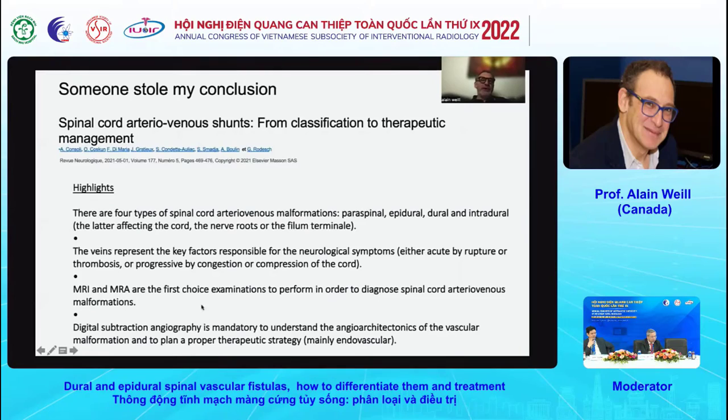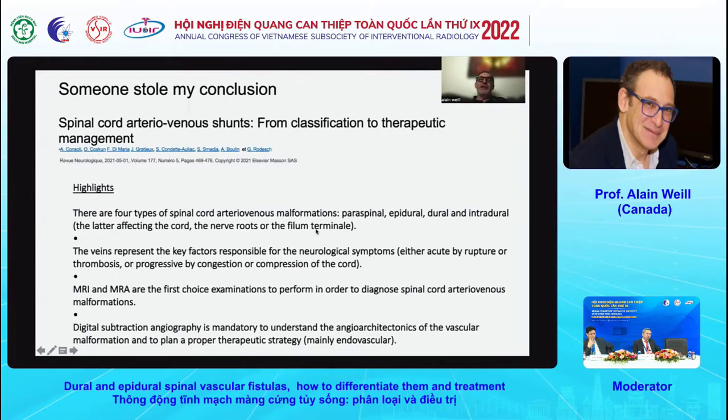What is important here is that it's a vein which represents the key factor responsible for the neurological symptoms, generally most likely through progressive congestion. Compression is pretty rare, but we have seen some cases with a big venous pouch, which can create some cord compression, and can also rupture or thrombose.